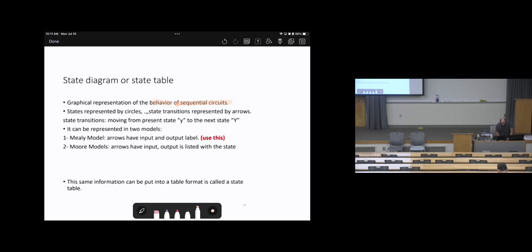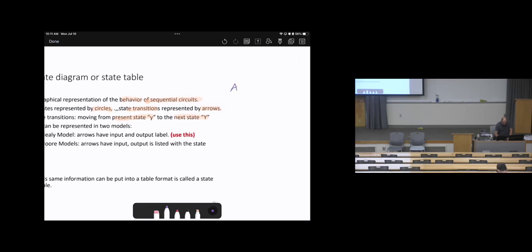Basically, the states will be represented by circles. The state transitions will be represented by arrows. For example, we will need to move from present state Y to next state, for example, Y bar. Then there are two types of models that can be done. For example, here is a state A, or for example, state green.